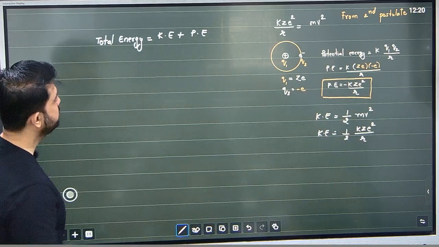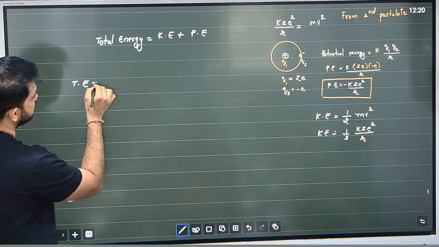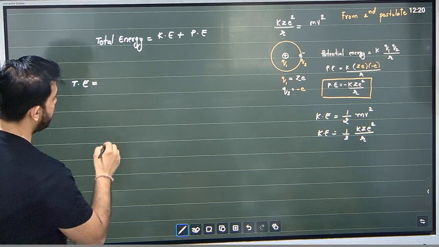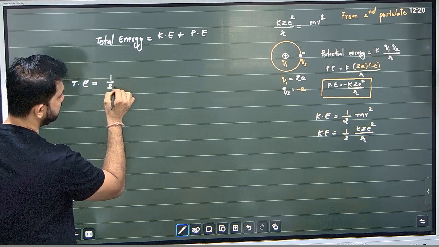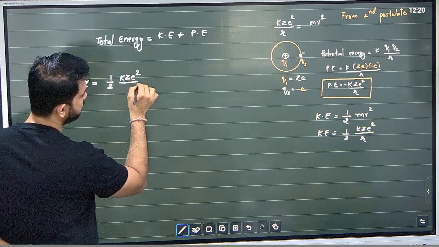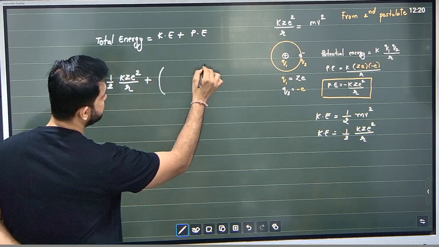And now tell me people, can I say total energy is, how much is kinetic energy given? Half K Z E square upon R plus, how much is potential energy?